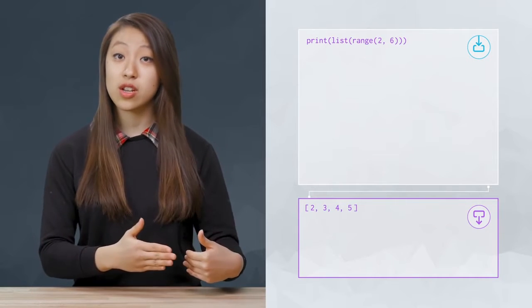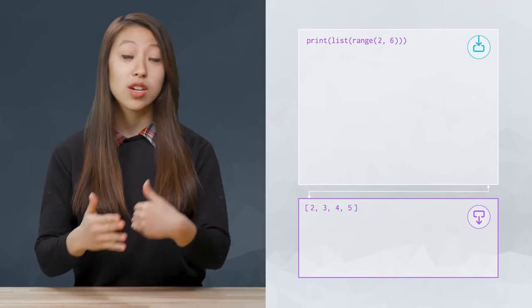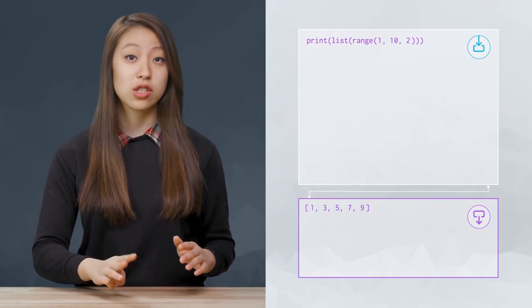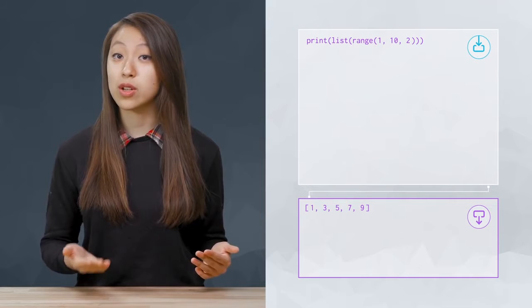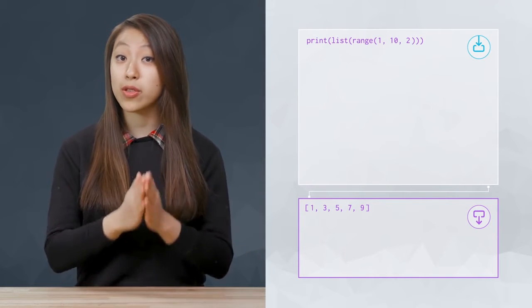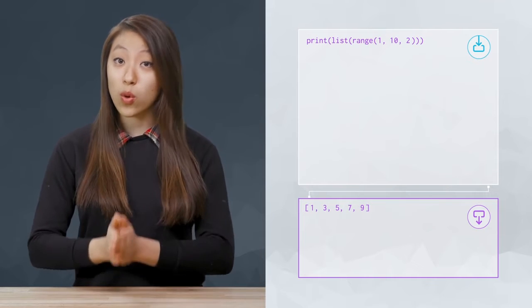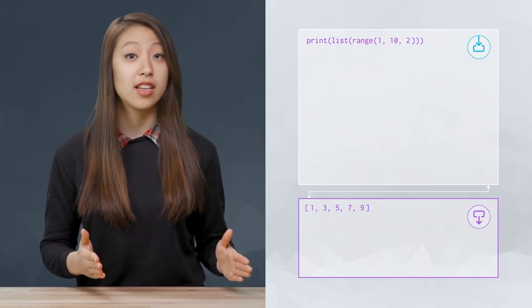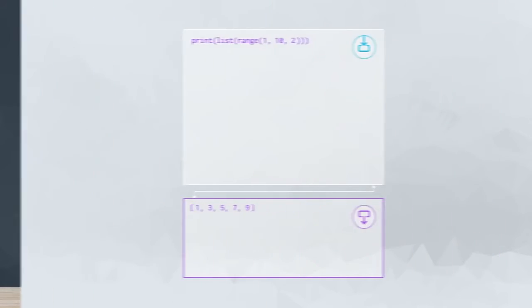Range(2, 6) returns a sequence from 2 to 5. Calling range with 3 integers will return a sequence of numbers from the first to the second minus 1, separated by the third. So range(1, 10, 2) returns a sequence from 1 to 9, incremented by 2.